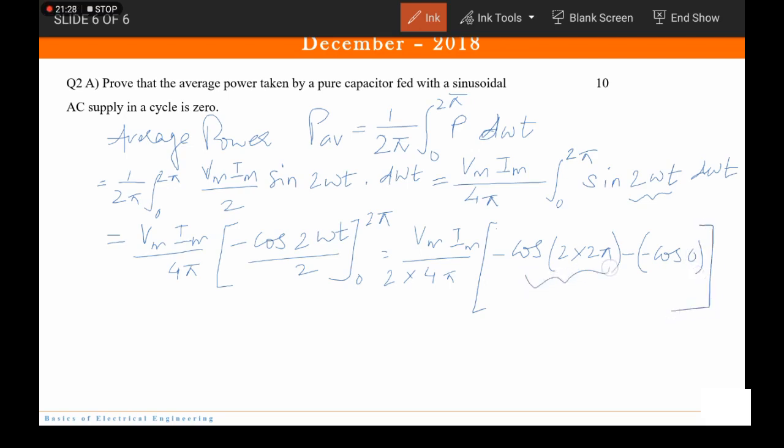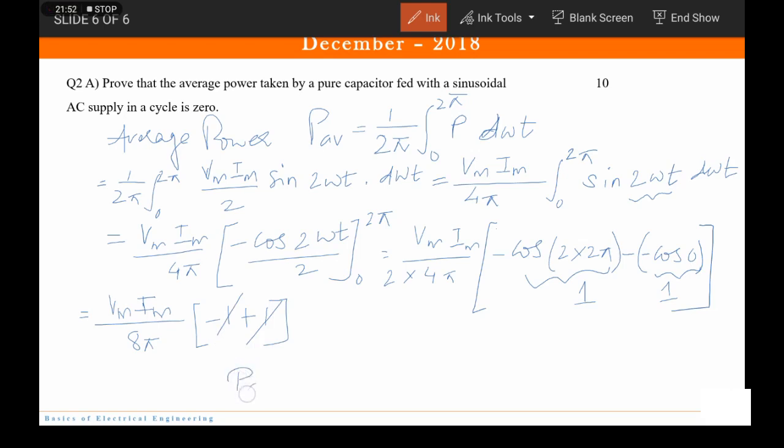So the value of this is 1. Again the value of this is 1. And this minus minus will become plus. So when I solve this, I will get Vm Im upon 8 pi, minus 1 plus 1. They get cancelled.